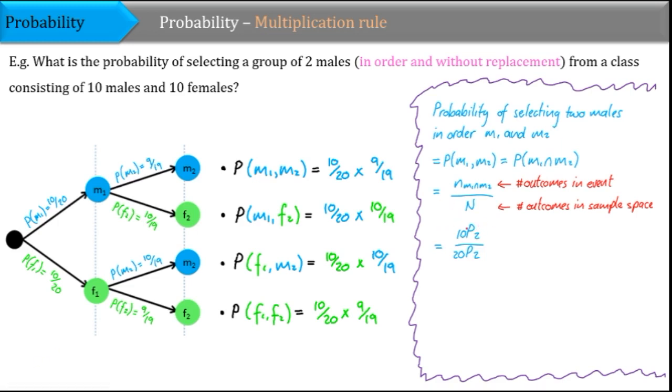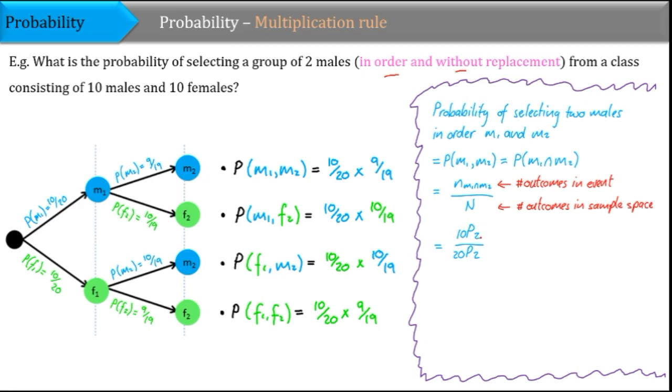Now how do we calculate the number of outcomes in the event? Well, it's going to be 10 permutation 2. Why permutation? Because it says here selecting in order and without replacement. So that's the condition for a permutation. So we have 10 males, permutation 2.